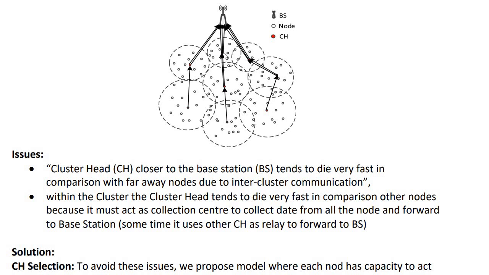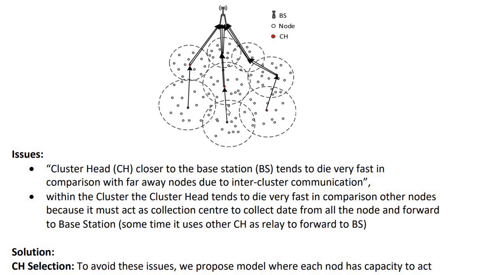It loses its battery power because it is not only collecting information from the nodes within the cluster and sending it to the base station, but it also has to act as a relay node for this cluster as well as these clusters. The cluster heads near the base station have a possibility of drying quickly. So the cluster heads near the base station dry quickly.